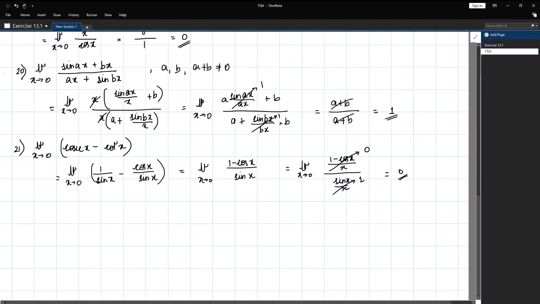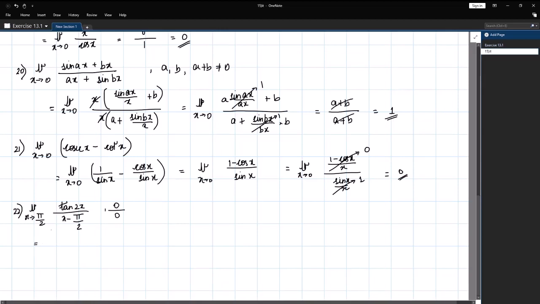And then we'll have question number 22, limit x tends to pi by 2 of tan 2x divided by (x minus pi by 2). If we substitute the value of x as pi by 2, we'll have 0 by 0 form.